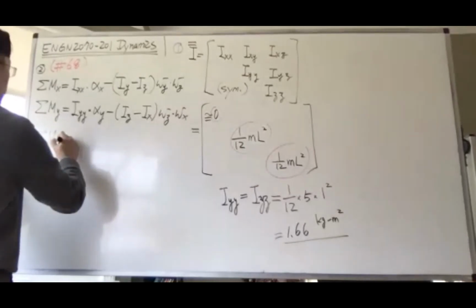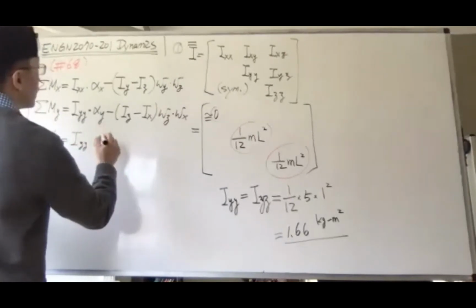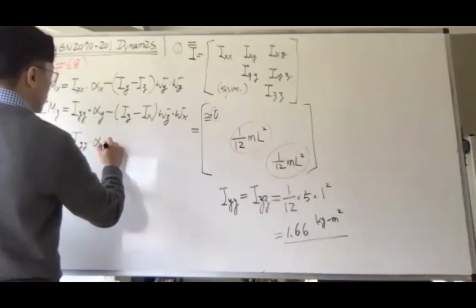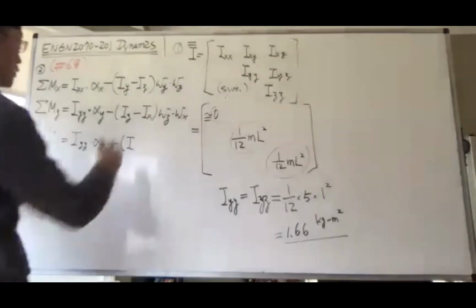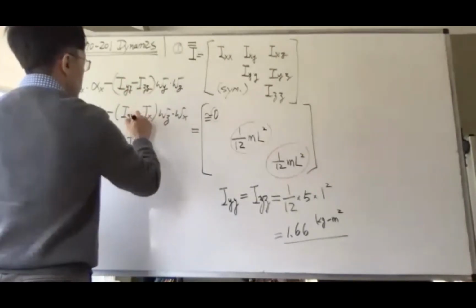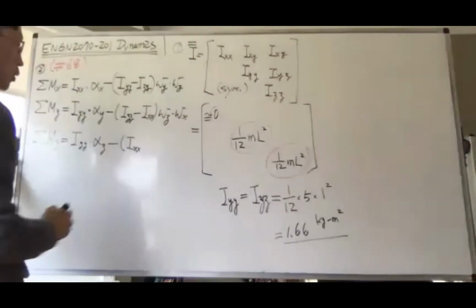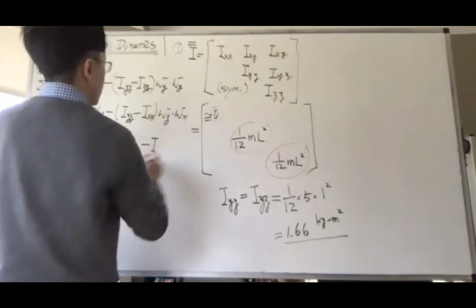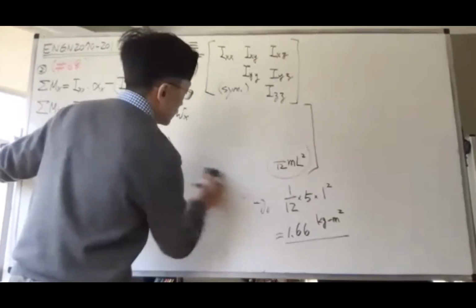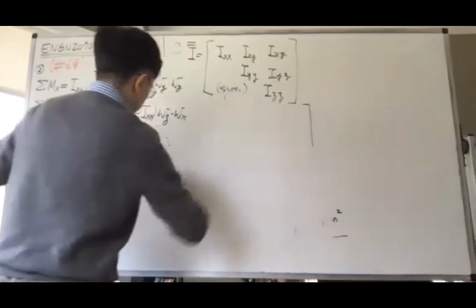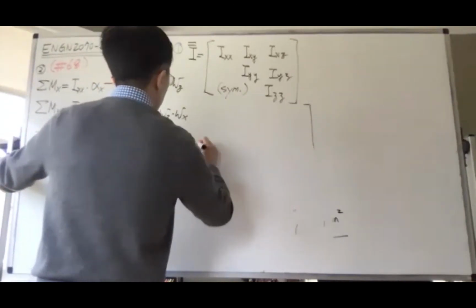Or the moment equilibrium in the z direction equals the mass moment of inertia Izz times the angular acceleration component in the z direction, minus Ixx minus Iyy times omega x times omega y.